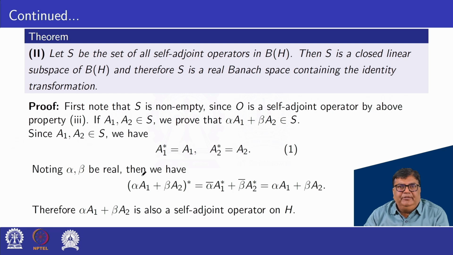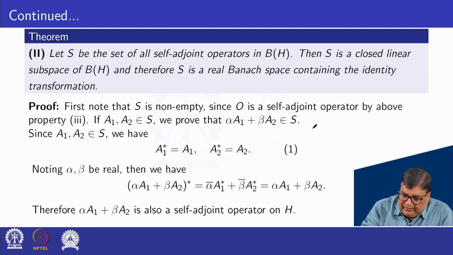Noting alpha, beta are real, we have star of alpha A1 plus beta A2 equal to alpha bar A1 star plus beta bar A2 star, equal to alpha A1 plus beta A2.